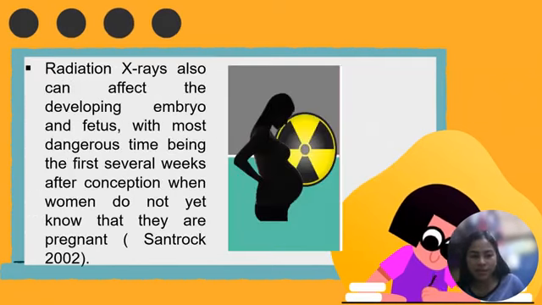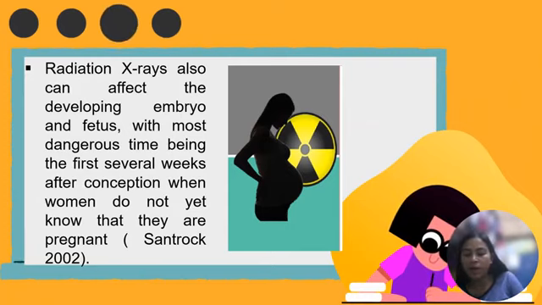Next is radiation. X-rays can also affect the developing embryo and fetus, with the most dangerous time being the first several weeks after conception, when women do not yet know that they are pregnant, by Centrac 2002. X-rays are a form of electromagnetic radiation with higher energy and shorter wavelengths than visible light.